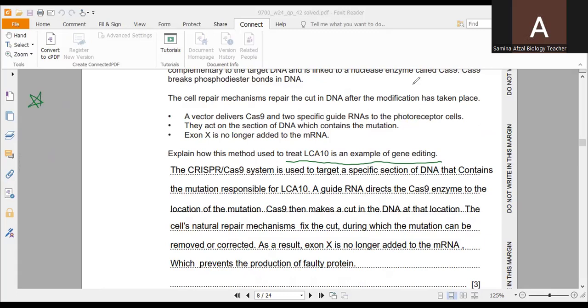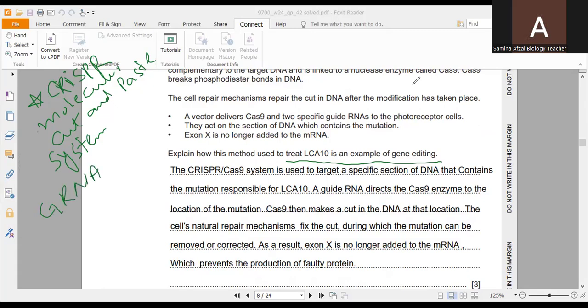Molecular cut and paste system. So the key components for this are gRNA, guide RNA.